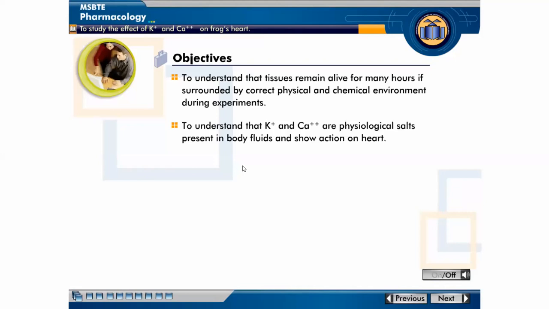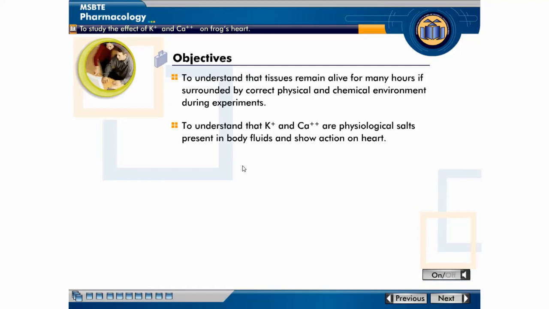Objectives of this experiment are to understand that tissues remain alive for many hours if surrounded by correct physical and chemical environment during experiments. To understand that potassium ions and calcium ions are physiological salts present in body fluids and show action on heart.